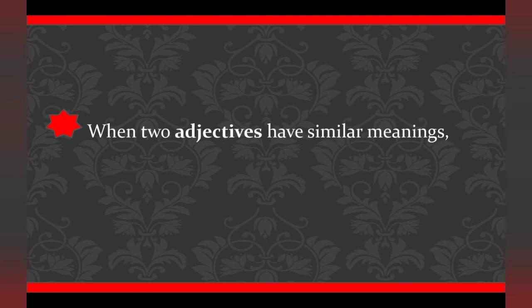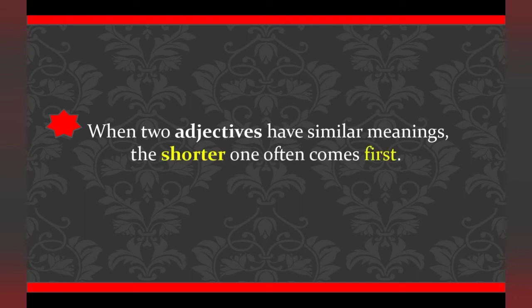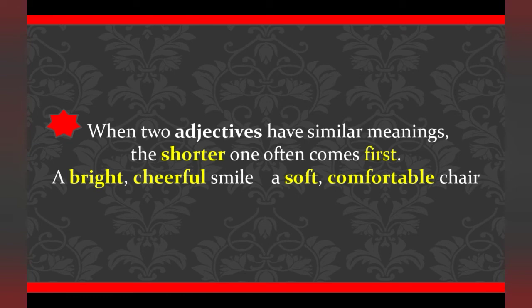When two adjectives have similar meanings, the shorter one often comes first. Look at these examples: a bright, cheerful smile, a soft, comfortable chair.